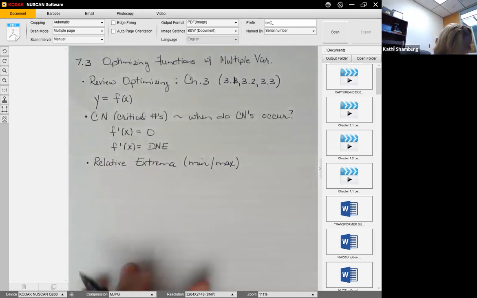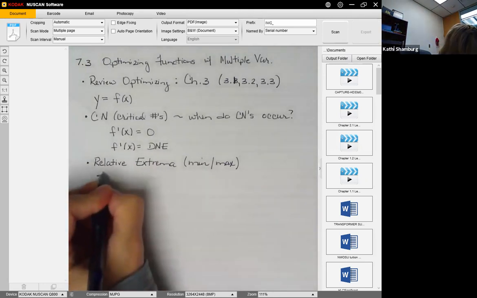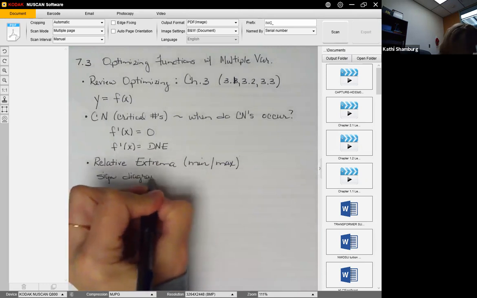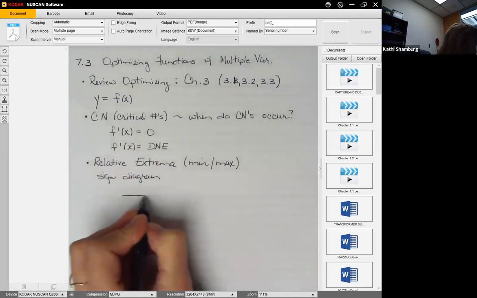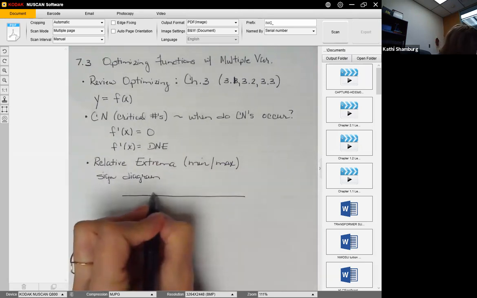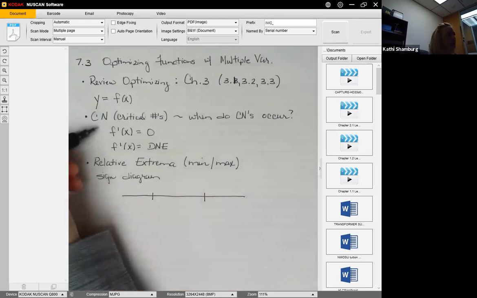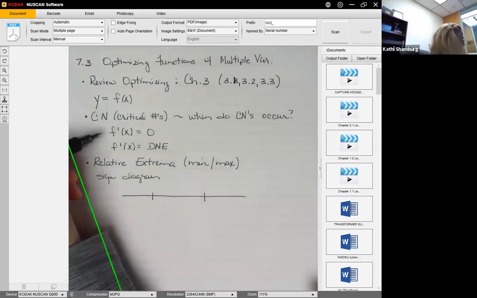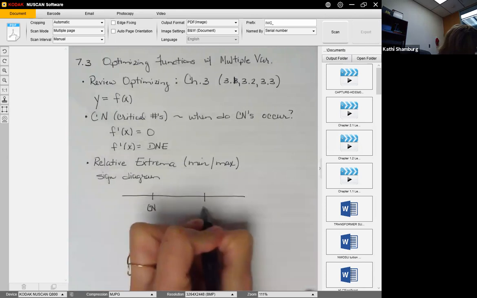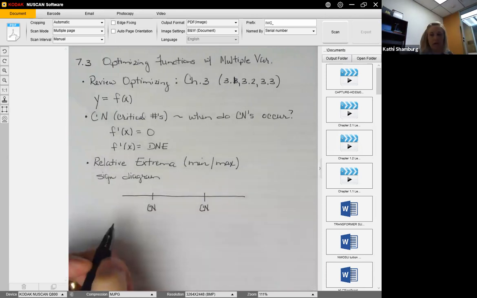Now, what we did back in chapter 3 was we created a sign diagram. And if you recall, you would have a number line. And based upon your critical numbers that you found up here, you would establish what your critical numbers were. And so those were here. If it was x equals 3, x equals 0, whatever those critical numbers are.